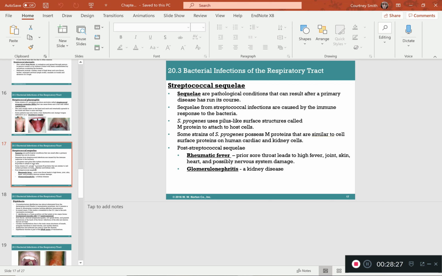So rheumatic fever is essentially, it feels very much like you're arthritic, and you have high fever, and you have severe soreness in your joints. Your skin is affected, your heart, and then sometimes even nervous system damage can occur. And then also kidney disease, where your kidneys begin to not function properly. So that's the big picture. Definitely we'll be asking at least one question about strep sequelae.